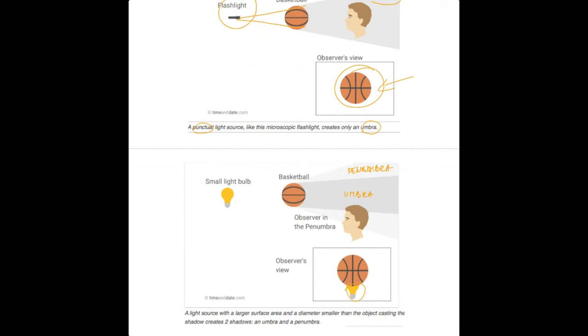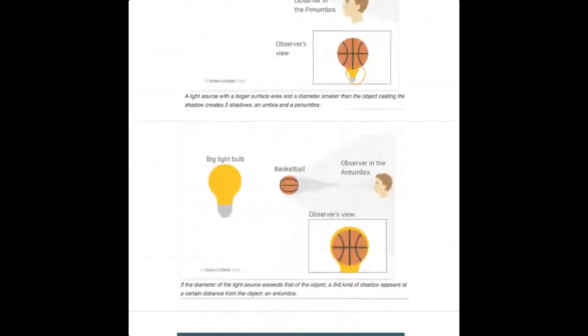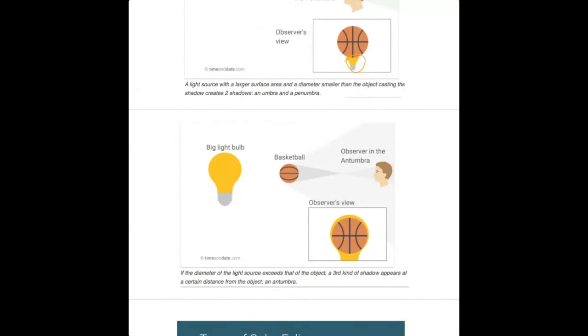And then the third situation, where you have a very big light bulb, or when your light source is very far away from the object that blocks the light rays, then you have here an umbra, a penumbra, and again an antumbra. This is the antumbra.